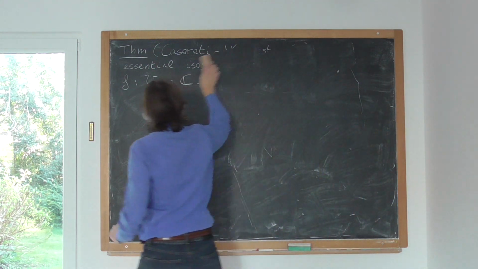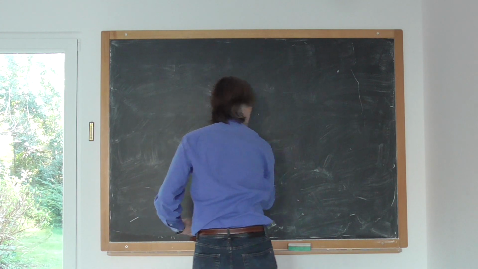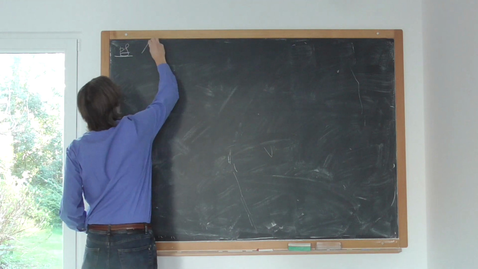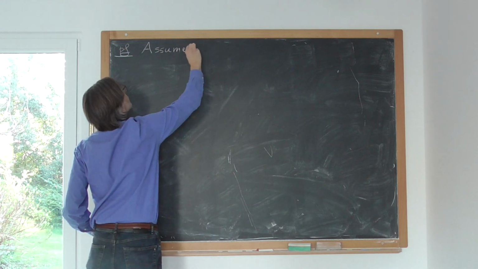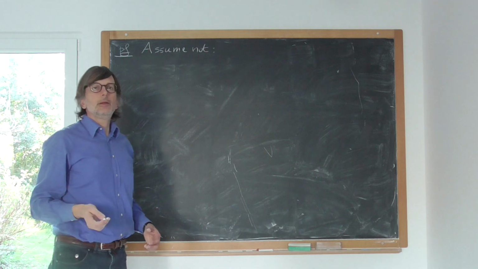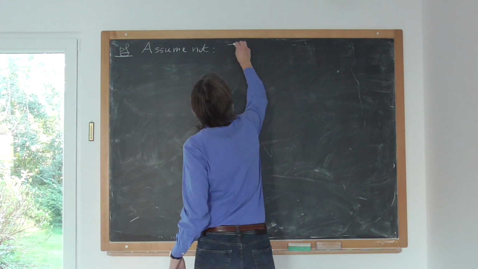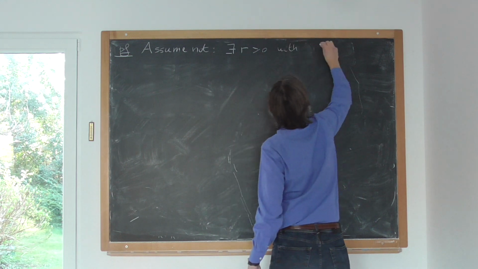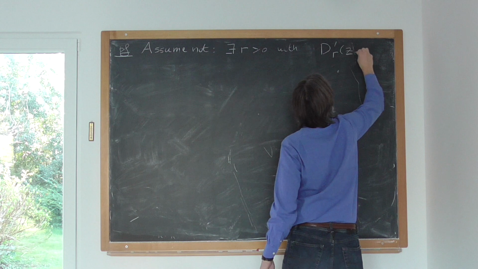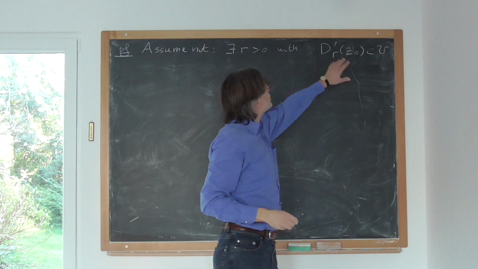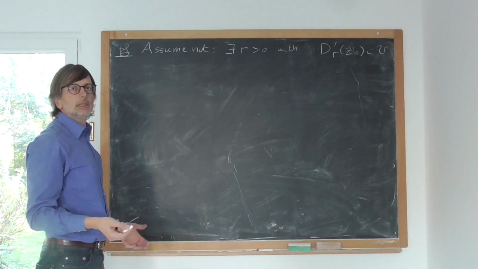So the proof will be a proof by contradiction. So assume not. Assume not means we are now assuming that there exists some R positive with this punctured disk contained in U, but the image of this punctured disk is not dense. What does it mean that it's not dense?